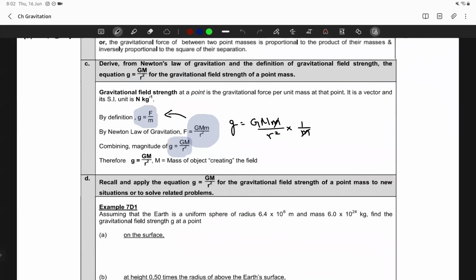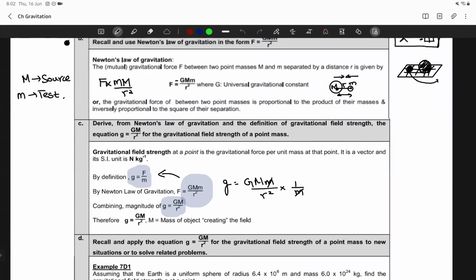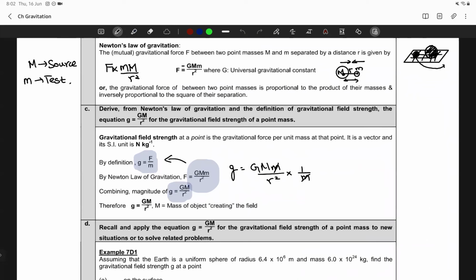Any question or doubt that you might have? Is everything clear from what we did in the last lecture? Is the concept of field clear to you? Is the concept of gravitational field clear to you as well?